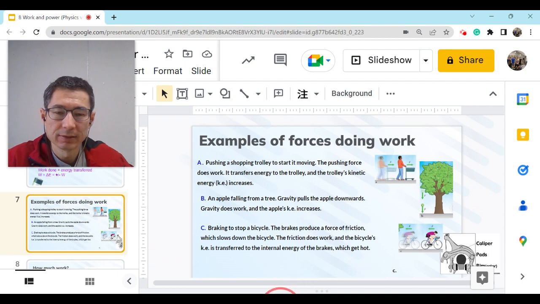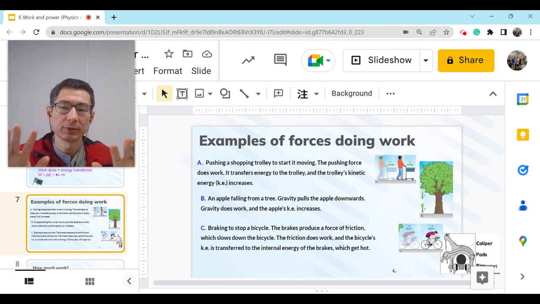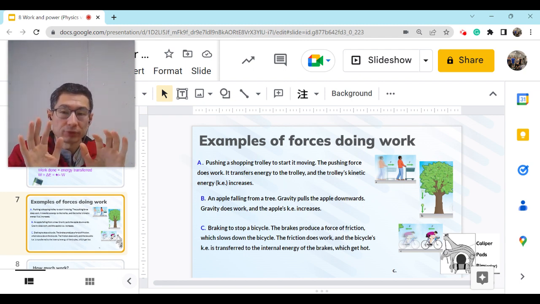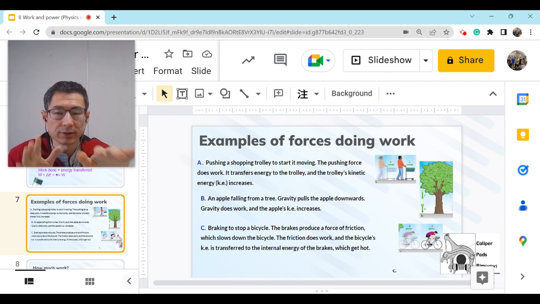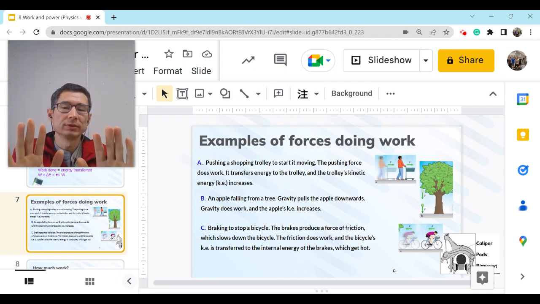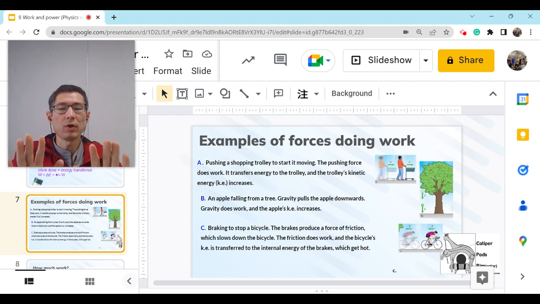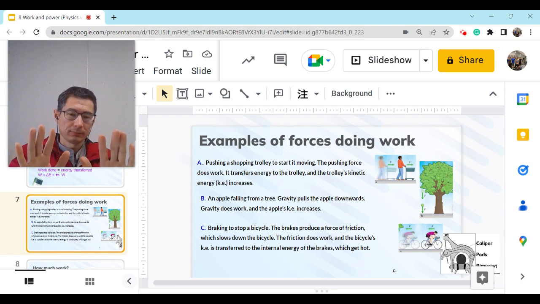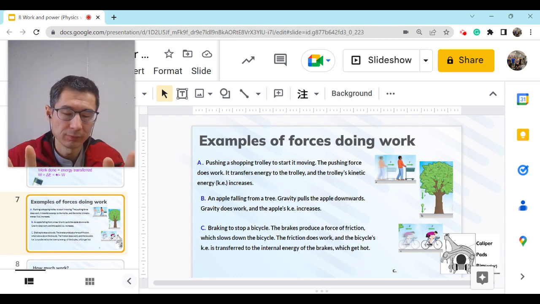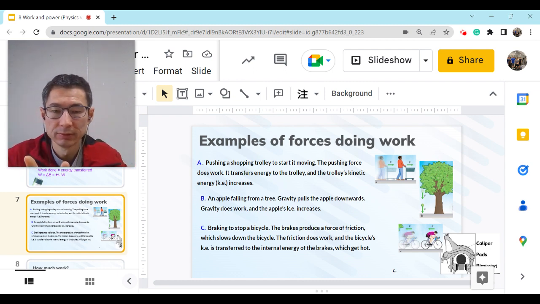Here we have some examples, like pushing a shopping trolley. When we push a shopping trolley, our force is parallel to the ground, horizontal, and the trolley also moves horizontally. So my force and the trolley's movement are in the same direction, and I can say I'm doing work. It can be calculated as force times the distance the trolley moved.